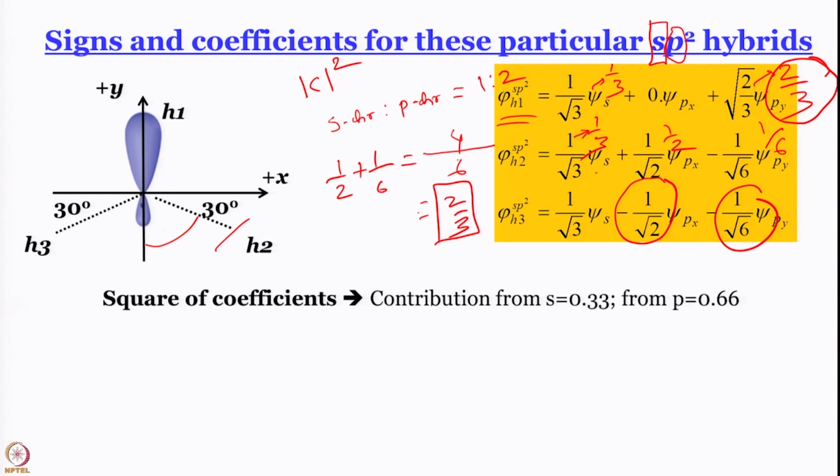So, this is what we have worked out. From square of coefficients we have established that contribution of S is 0.33, contribution of P is 0.67.